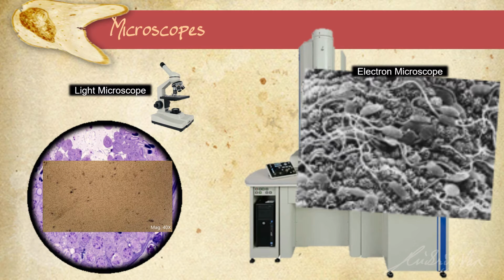So that's the difference. If you refer back to the syllabus, you will have to know which organelles you can observe in a light microscope and which organelles or structures you can see under an electron microscope.